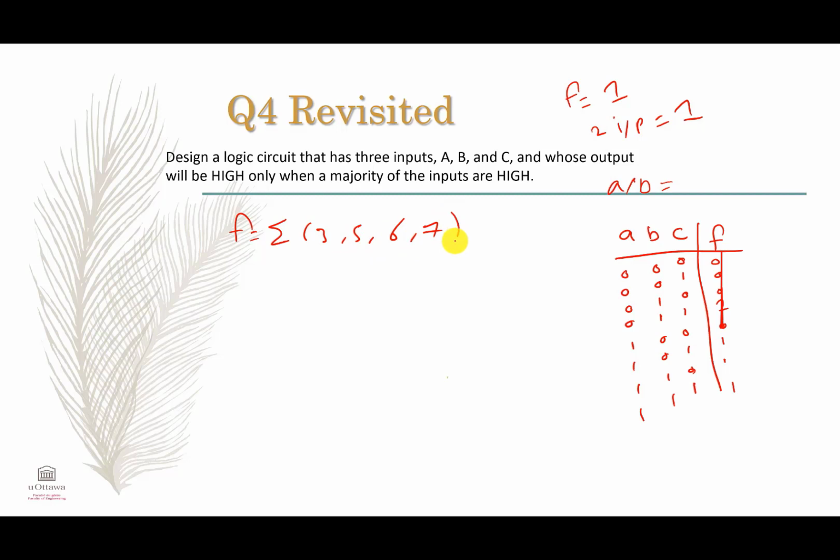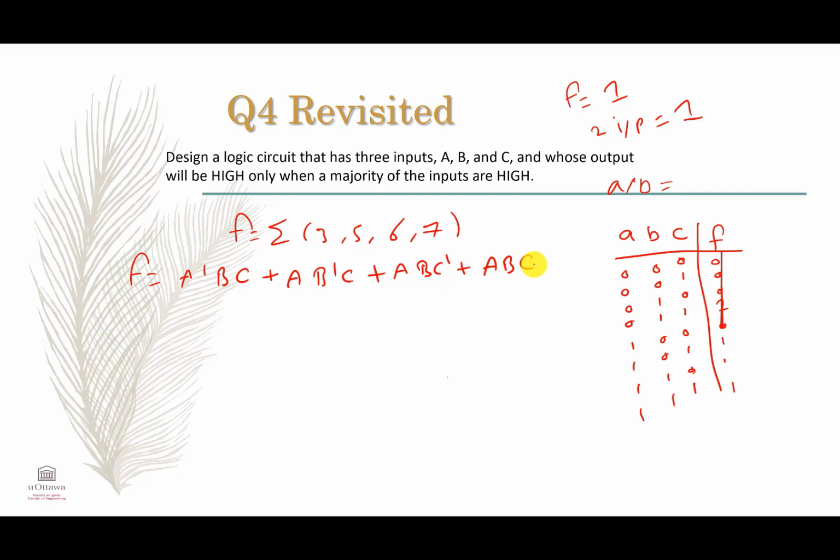If you remember, we wrote this function in terms of minterms as a prime b c plus a b prime c plus a b c prime plus a b c.